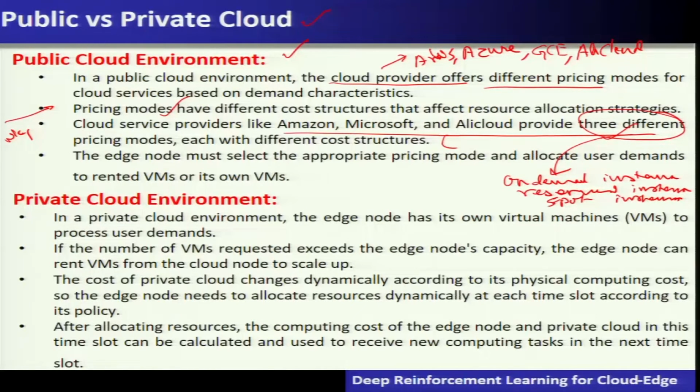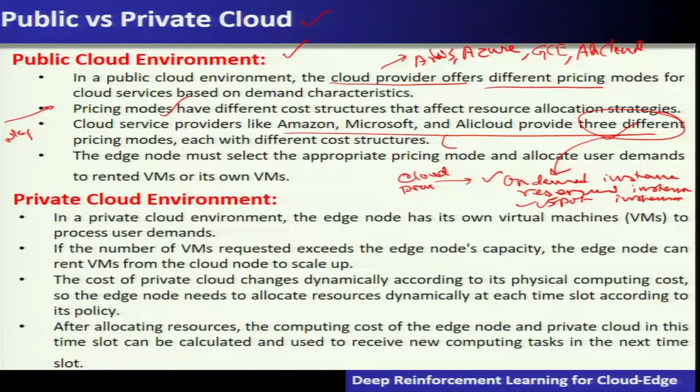On demand instances or spot instances are the kind of cloud resources and cloud pricing where the resources are not reserved upfront; rather, whatever comes as user demand, those particular instances are reserved based on that.